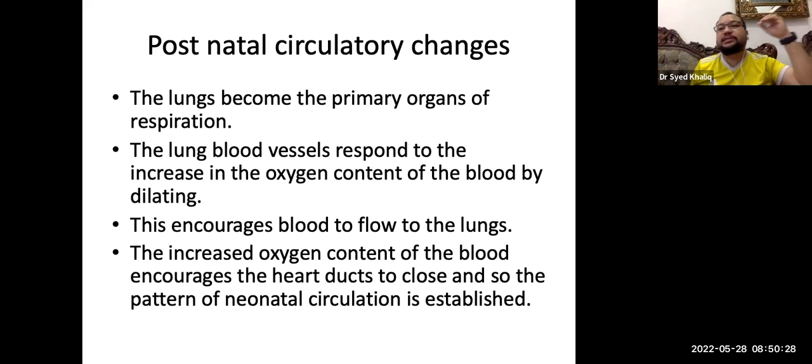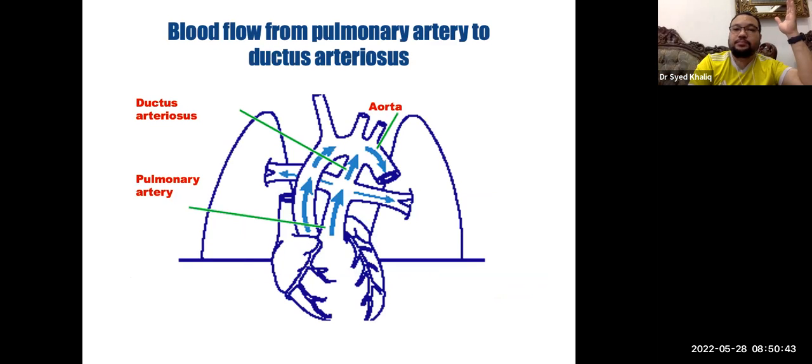That is why, when there is persistent pulmonary hypertension of the newborn, if you check the SpO2, the oxygenation level pre-ductal, before the ductus arteriosus, the brachiocephalic artery from the aorta supplies the right brachial artery and also the right carotid artery.